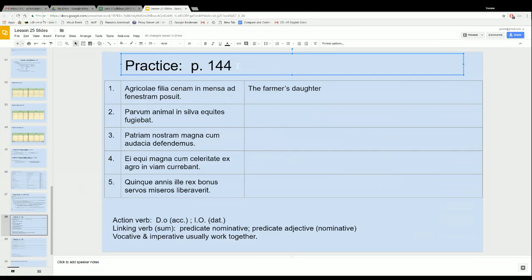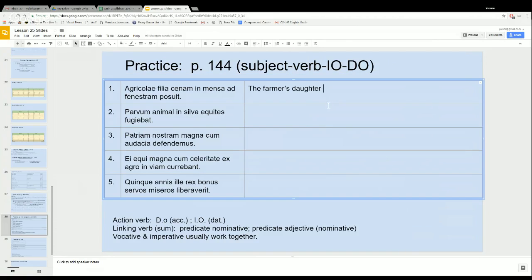Remember, how do we speak in English? We do subject, verb, and then usually either indirect object or direct object. That's usually our order in English. So the farmer's daughter, we have our subject. Now we need our verb.